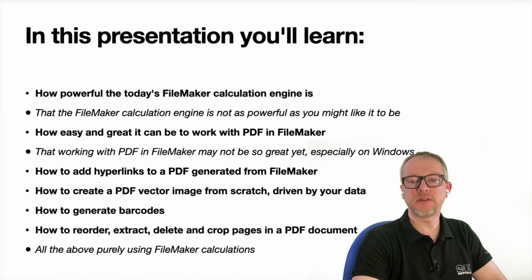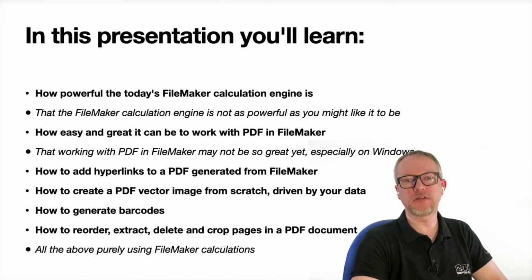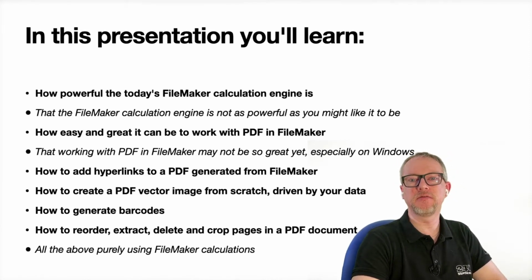The downside of it, as you will learn soon, is that if you want to use these examples in your solutions, you will end up having more than 100 custom functions, and the calculation engine is definitely not one of the fastest ways to calculate things.